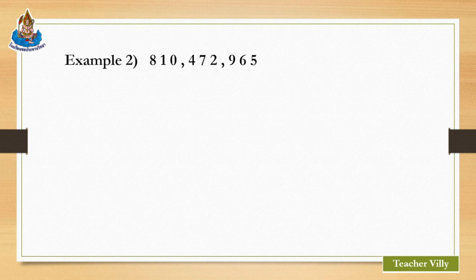What is the value of the digit 5? Right, it's 5. And what is the value of the digit 6? It's 60, correct.